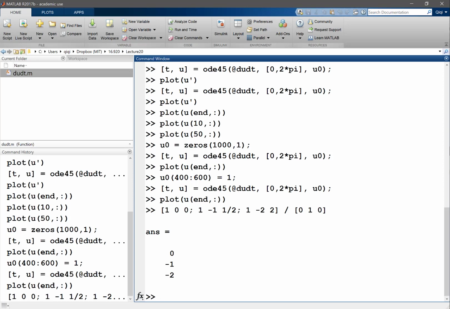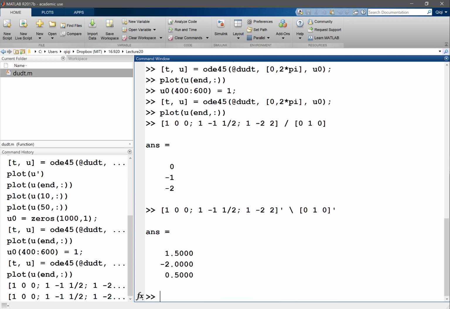This is obviously not true because minus 1 times minus 1 plus minus 2 times minus 2 is not equal to 1. So let me do it the way I know how, which is transposing the matrix and backslash the transpose of this. Yeah, which gets us the correct answer.